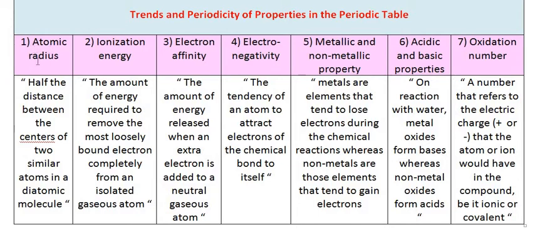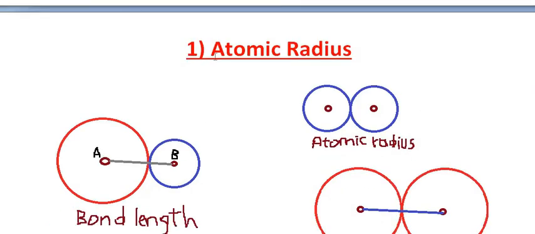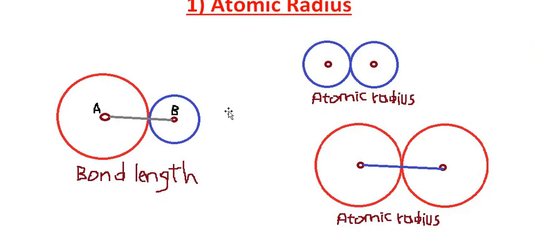Atomic radius is the first trend. Then ionization energy, electron affinity, electronegativity, metallic and non-metallic properties, acidic and basic properties, and oxidation number. Now we start with the new trend, which is called atomic radius.